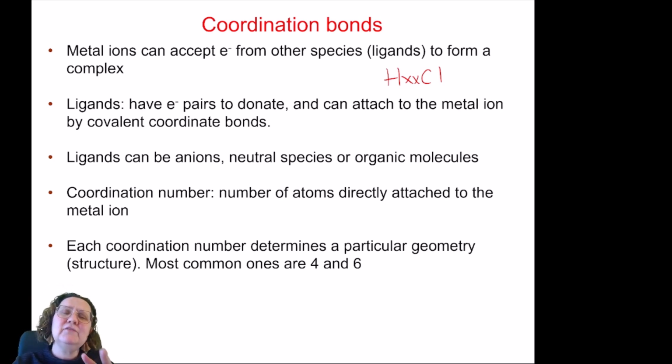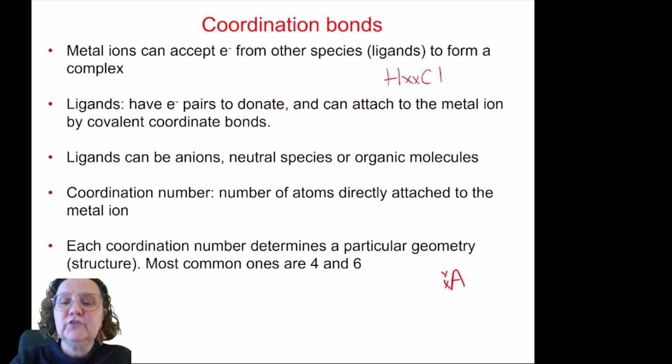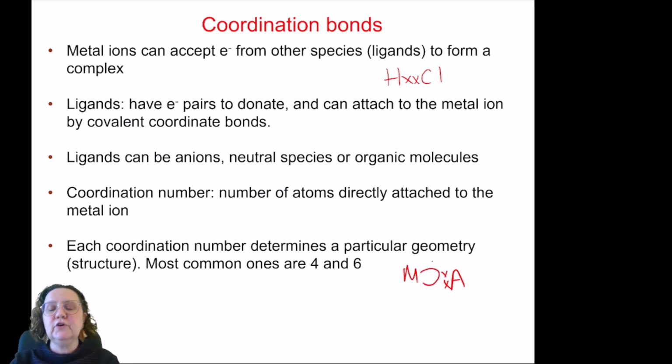However, you can have a specific type of covalent bond, which we call a coordination bond, in which one atom will have the electrons and the other atom will have empty orbitals.